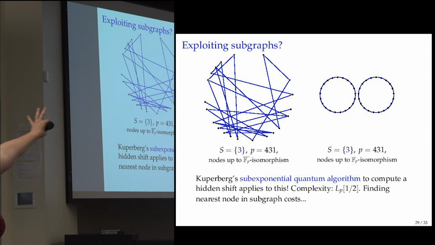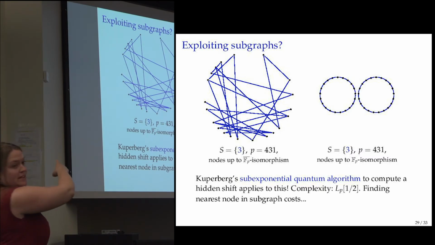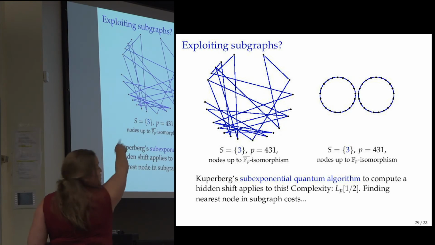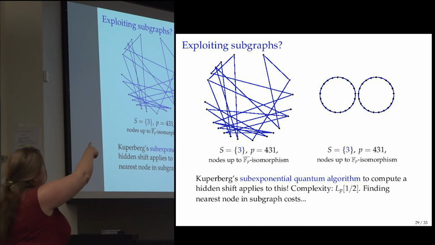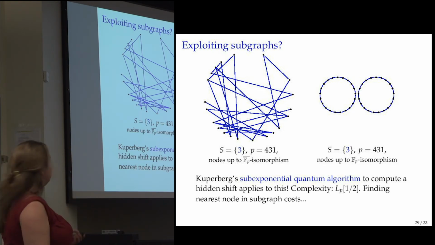So if we can exploit this subgraph, what do we need to do? We need to find a path in this big crazy graph from Alice's secret, or Bob's secret, or whatever, to the nearest curve that's inside this FP subgraph. You see we've lost some nodes on the left here, so we need to find a path to get to one of these nodes that's on the left still.